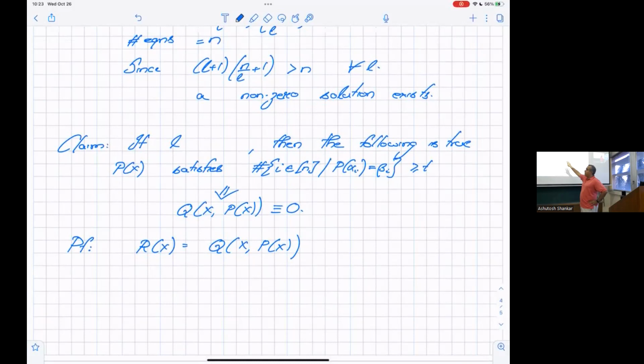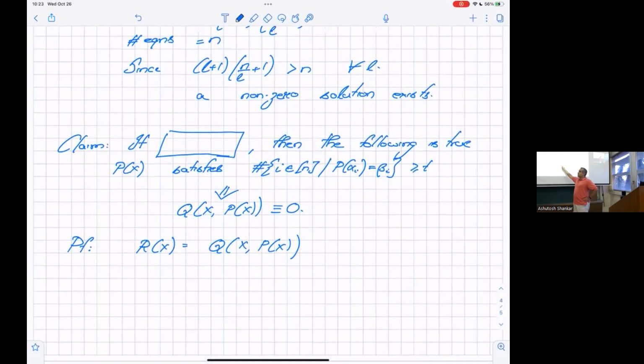If L satisfies some parameters, then every polynomial P that has significant agreement should satisfy that Q of x comma P of x is identically zero. That's what we want. This is the condition that we're going to fill soon.